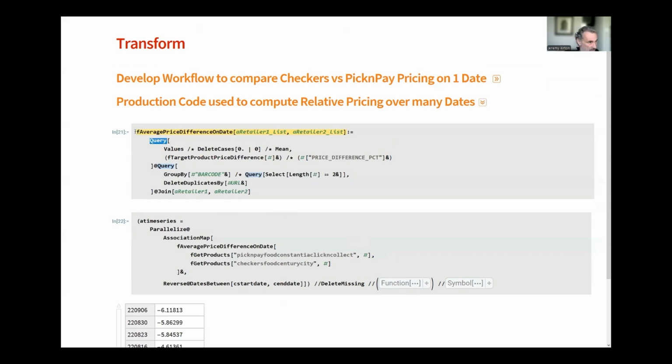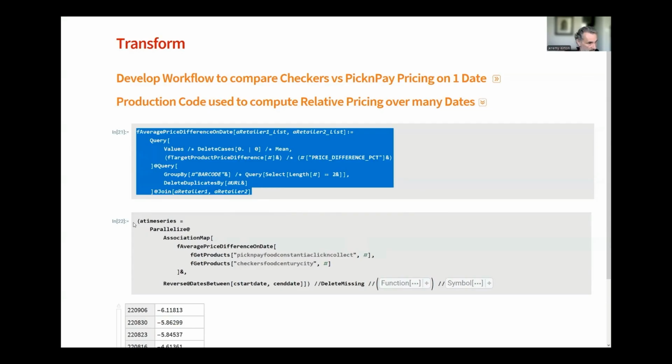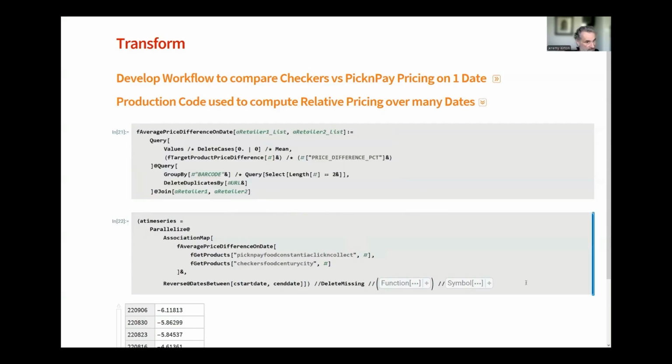So really this code here and then this here basically has gone and worked out Checkers versus Pick and Pay pricing every week for the last 3 years, looking at 7 million different products. So I think that's pretty amazing.